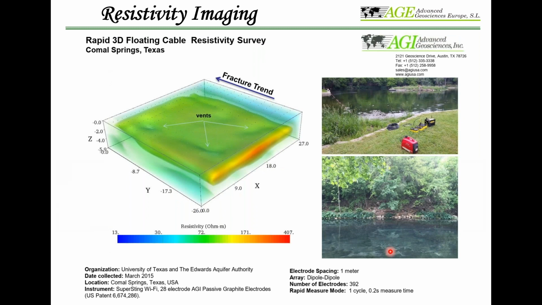You can also do 3D, like the picture I showed earlier. You can do multiple lines, and at the end do a 3D image. In this case you need Earth Imager 3D to combine these multiple parallel lines. This is the study on this lake, and it shows the fracture zones where the water is charging in these points.